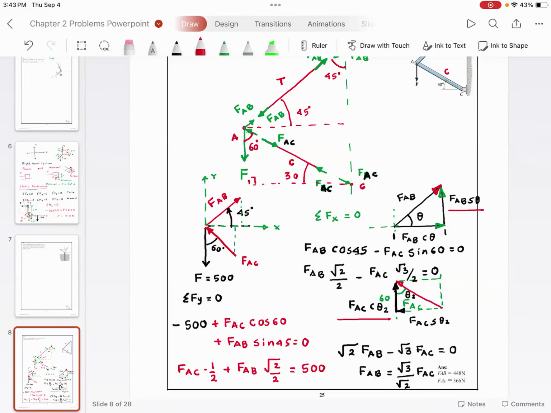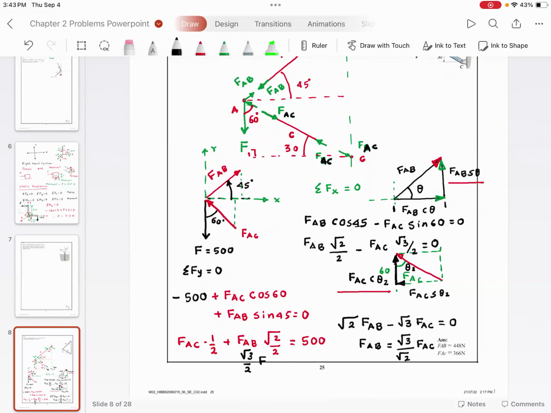So I'm going to replace this FAB by square root of 3 by 2 FAC, in the expression: square root of 3 by 2 FAC times square root of 2 by 2, plus FAC times 1 divided by 2 is equal to 500.